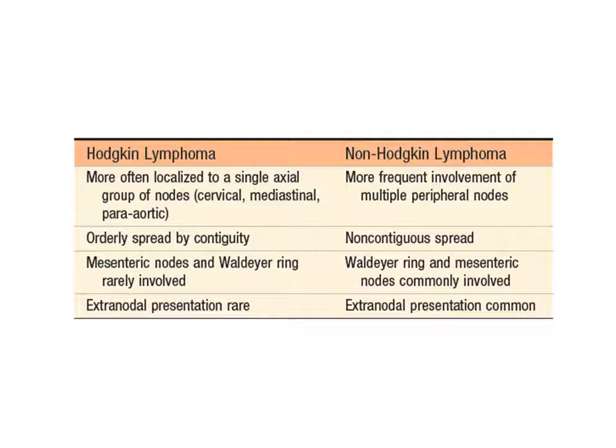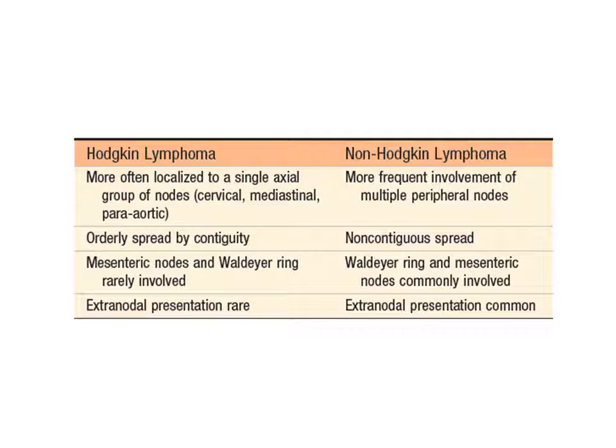But in non-Hodgkin lymphoma, there is more frequent involvement of multiple peripheral nodes. Another feature is that in Hodgkin lymphoma there is orderly spread by contiguity. Contiguity means spread to the nearby lymph node regions. In non-Hodgkin lymphoma, the spread is non-contiguous. This can go anywhere.